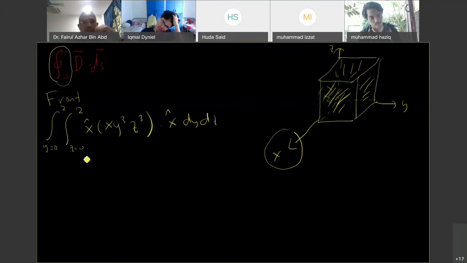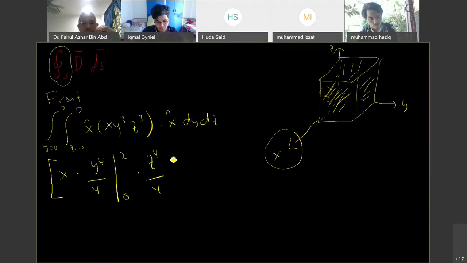Because we are performing a dot product, x cap with x cap will become 1. By solving this inside integration, we will have x multiplied by y power of 4 divided by 4, with y ranging from 0 until 2, times z power of 4 divided by 4, with z ranging from 0 until 2.